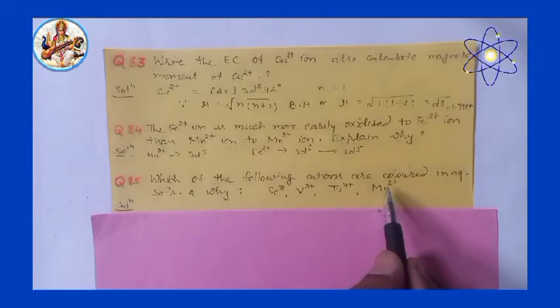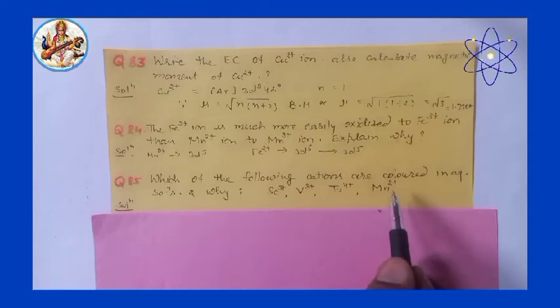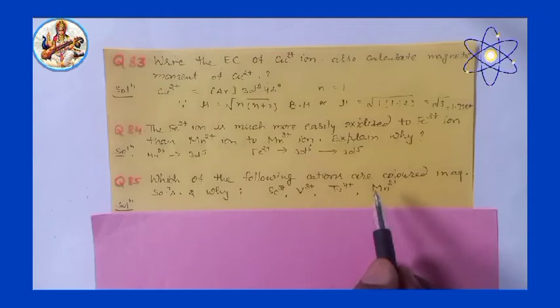The electronic configuration of Mn2+ ion is 3d5 4s0; due to the presence of 5 unpaired electrons, it undergoes d-d electronic transition and shows pink color.